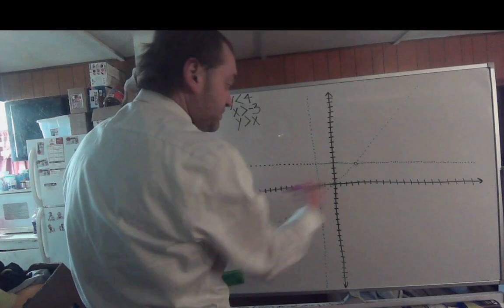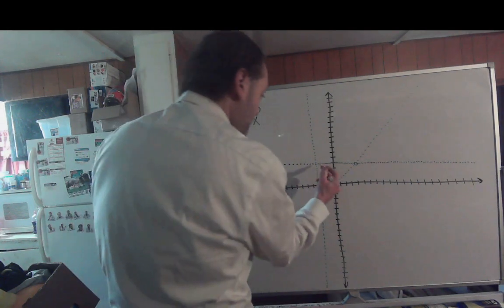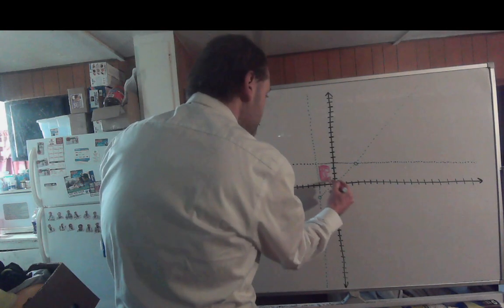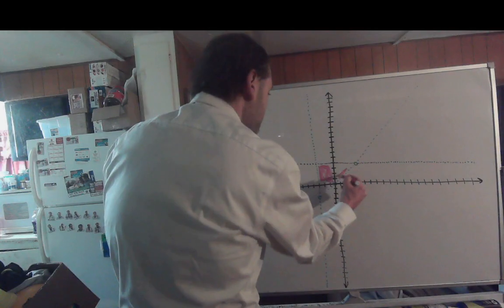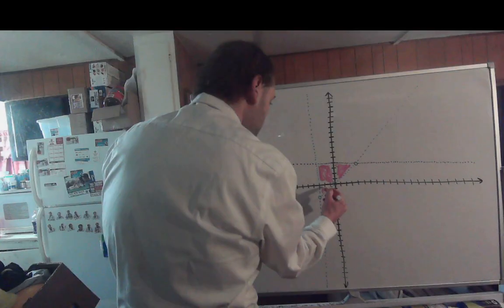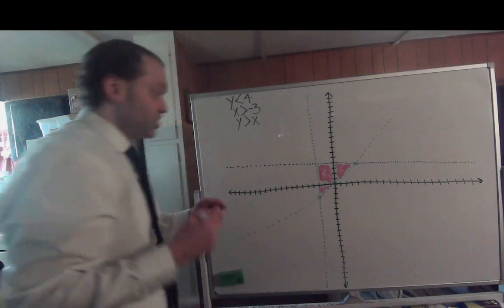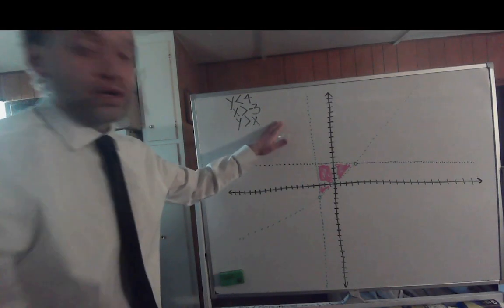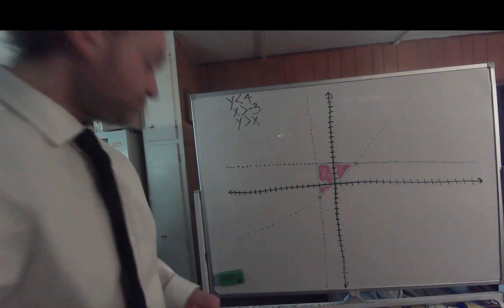It would be above this dotted green line. So the area you're going to shade is going to look a lot like this. And that's the shaded region that would represent the solution set to all 3 of these criteria.